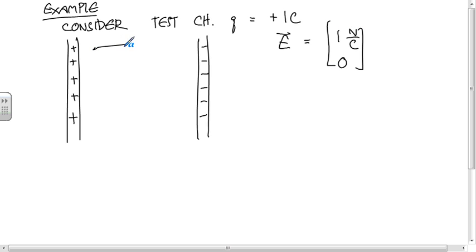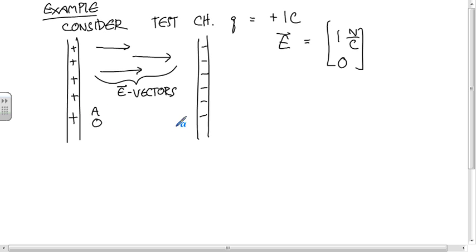Okay, so all the E vectors look like this. And let's say that the particle goes from the point A to the point B, moving horizontally a distance of 3 meters.